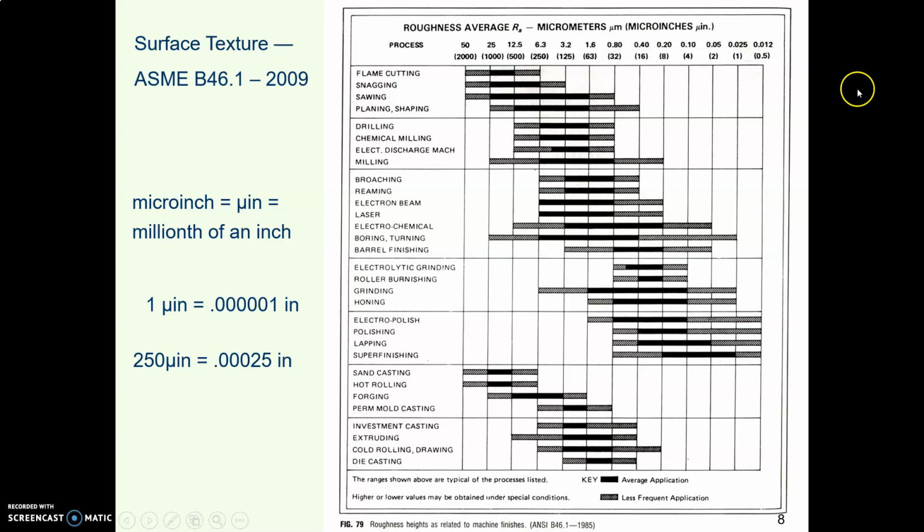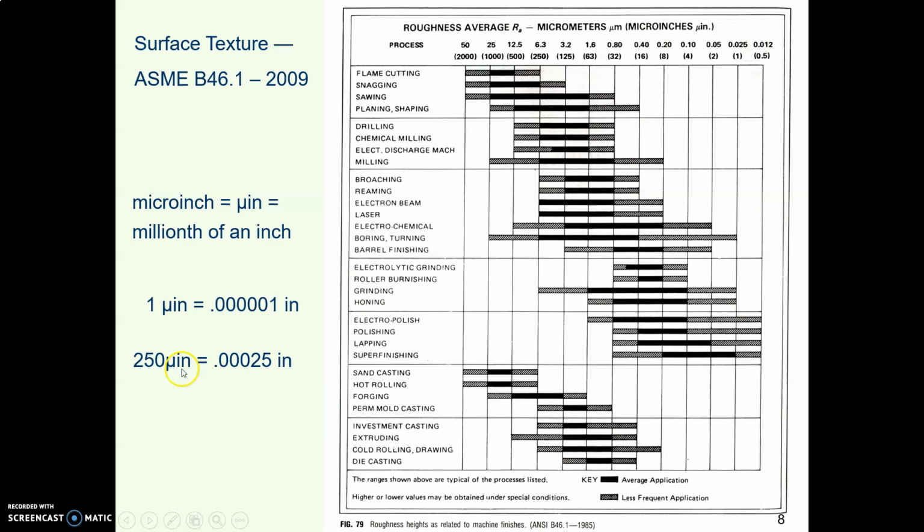Now, if you look at this chart, first of all, you notice at the top, okay, the plain numbers are in micrometers. Those are millionths of a meter. Here's how you write micrometer. And then in parentheses, those numbers are microinches, written with that Greek letter mu for micro, and a microinch is a millionth of an inch.